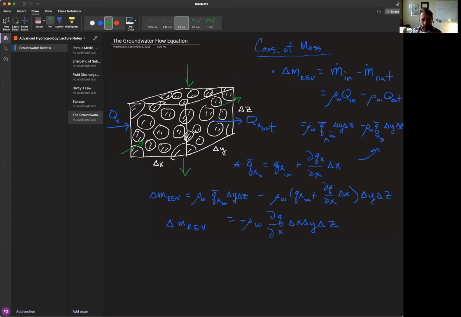And I can just follow this exact same logic, and I'll end up with the statement that the change in mass in my REV is equal to rho water, delta x, delta y, and delta z over here.